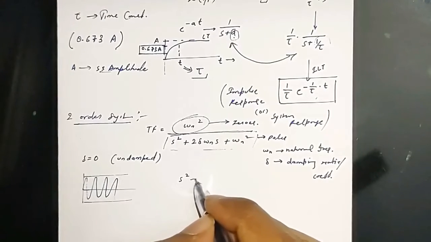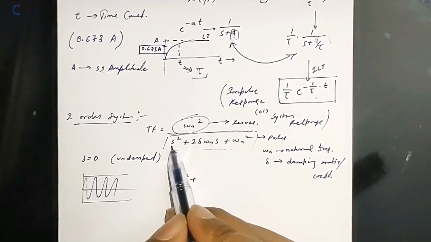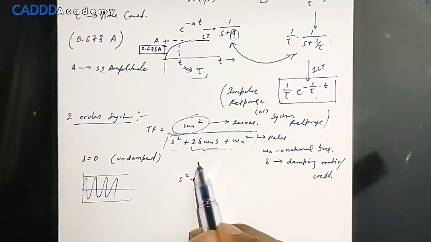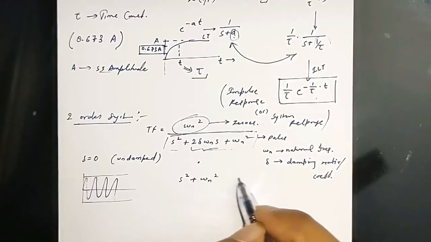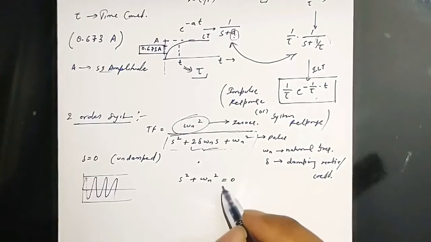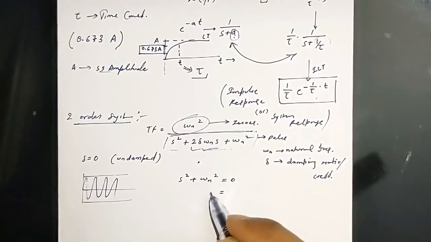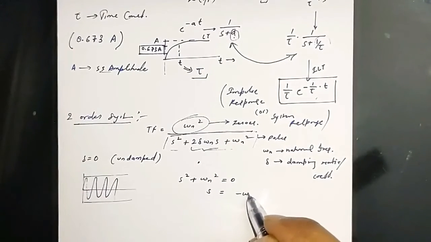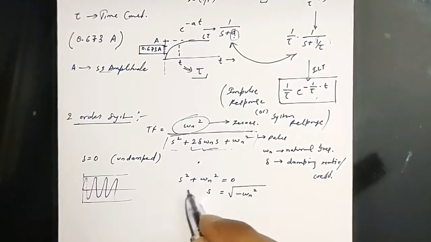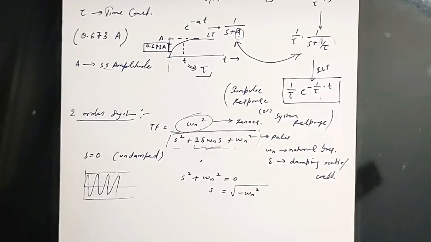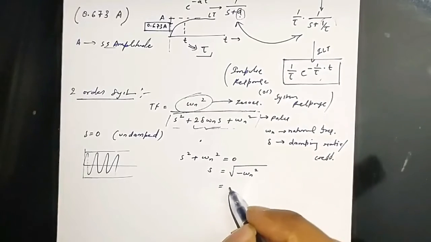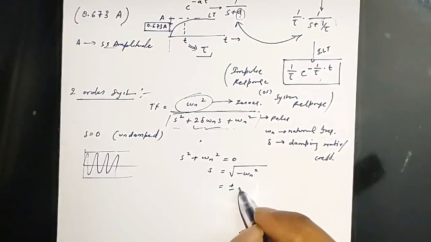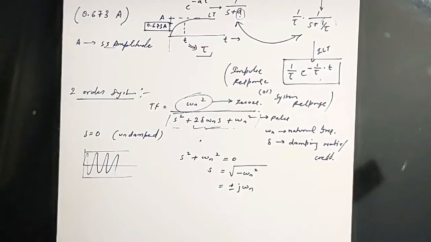So this equation will become s square and this whole term will be 0. So s square plus omega n square will be equal to 0. To get the poles we have to get the value of s. So s will be equal to under root of minus omega n square. This will be plus minus j omega n.